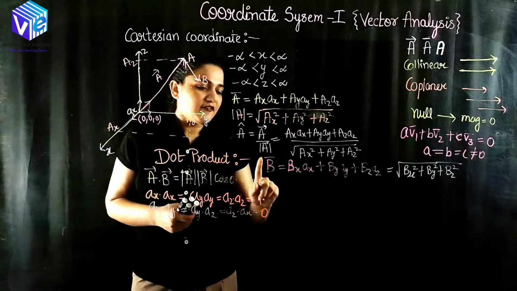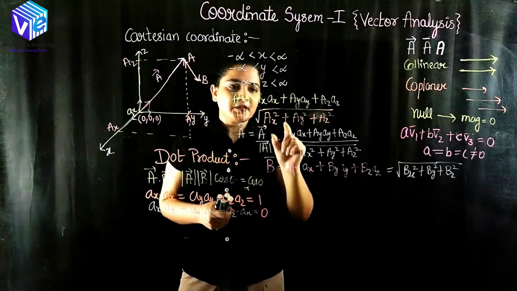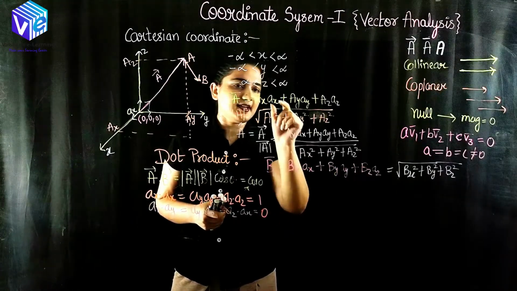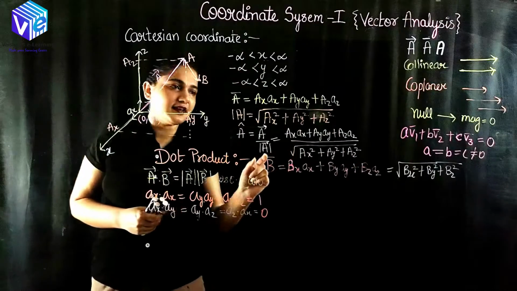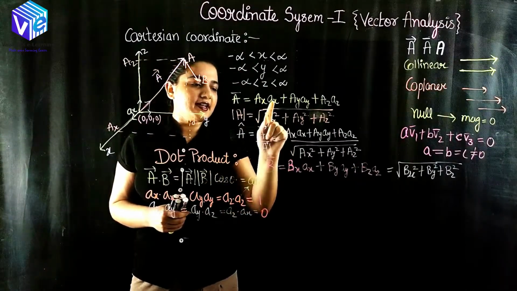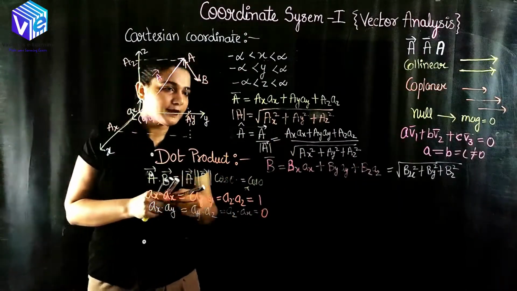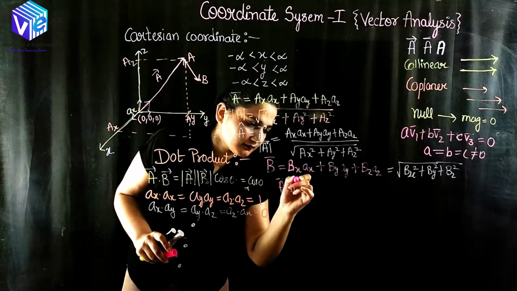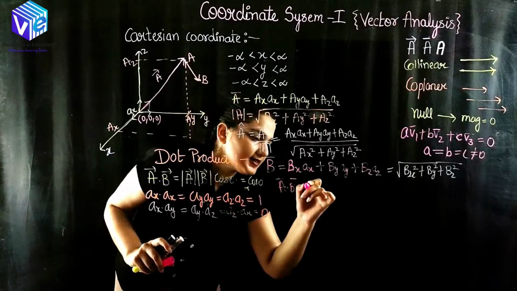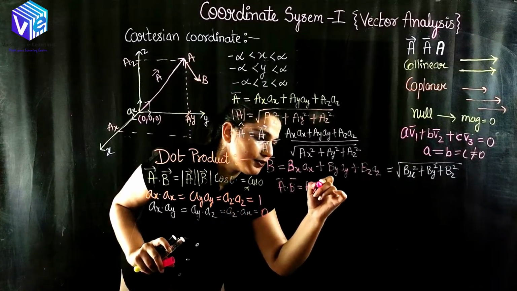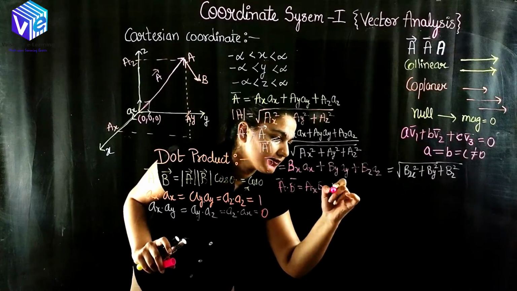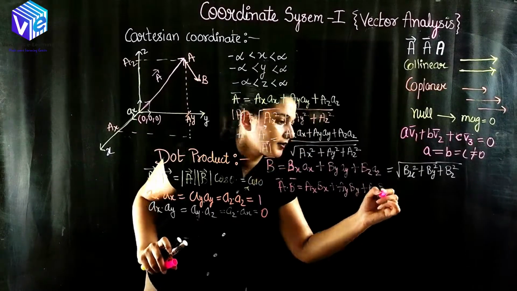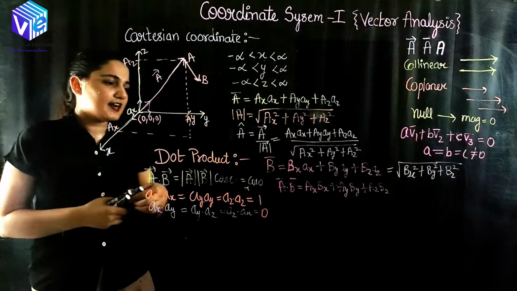So here, if I have to do a dot b, ax will be multiplied with ax here, ax will be multiplied with ay here, ax will be multiplied with az here. I will be getting output only when ax is multiplied with ax. Okay, so in this case a dot b will be equal to ax bx plus ay by plus az bz.